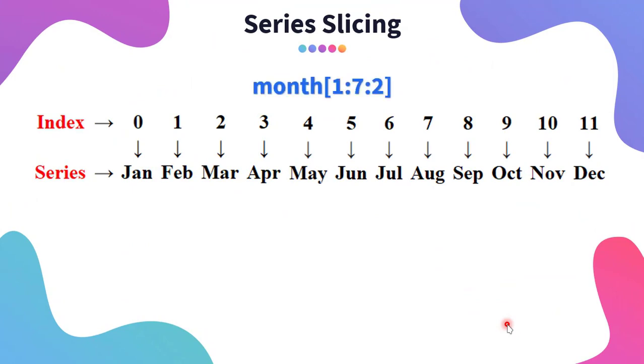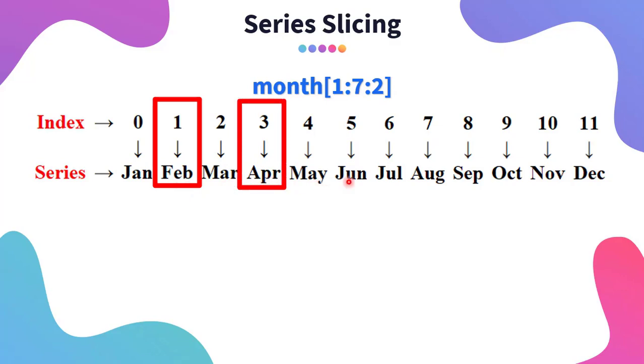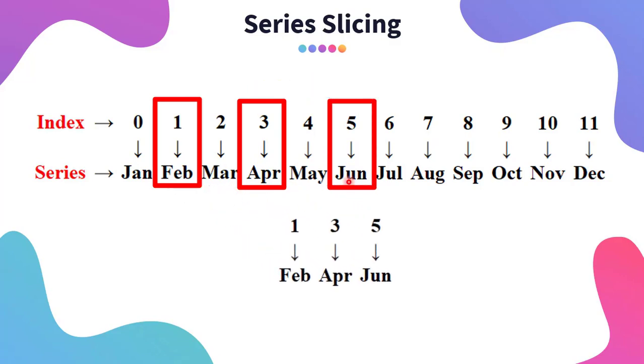Now, if I give a step over here, the only addition is a step. That means I'm telling my computer to start with 1 and go up till 6, but this time you have to go 2 steps. That means it will print Feb and then April and then June. So this will be the output.